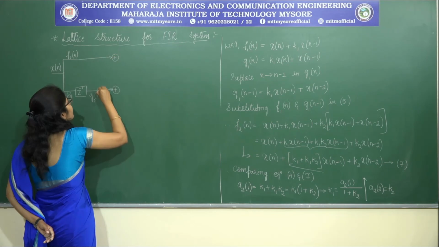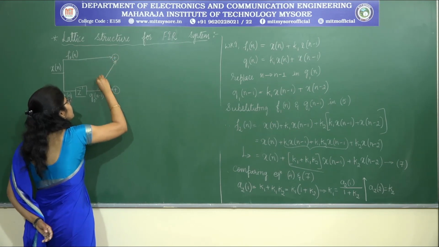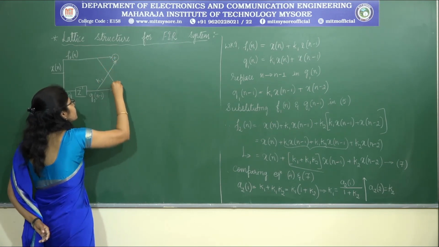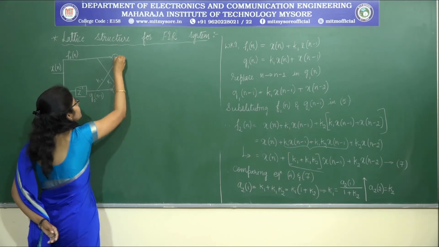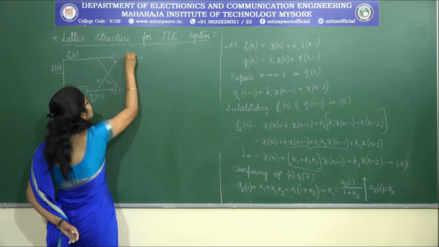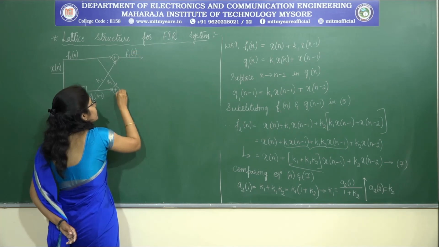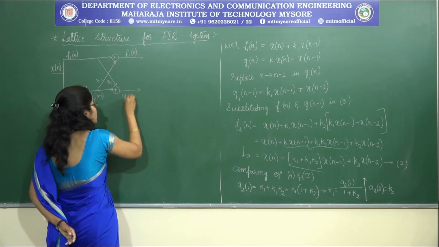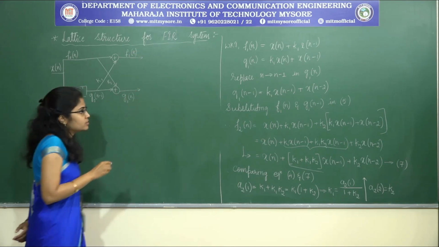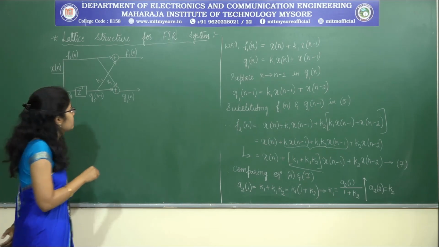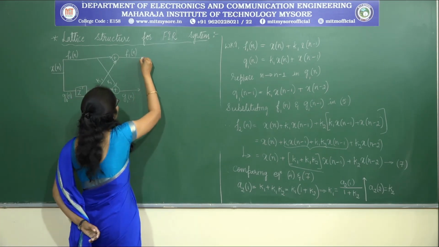Here also we get an adder. K1, K1. So this was our first structure, and here the output was f1 of n, and here the output was g1 of n.